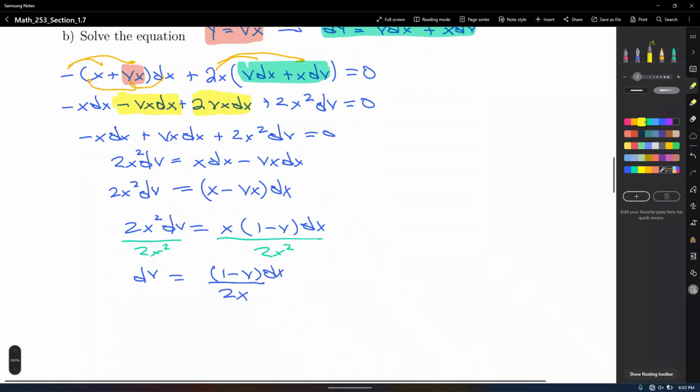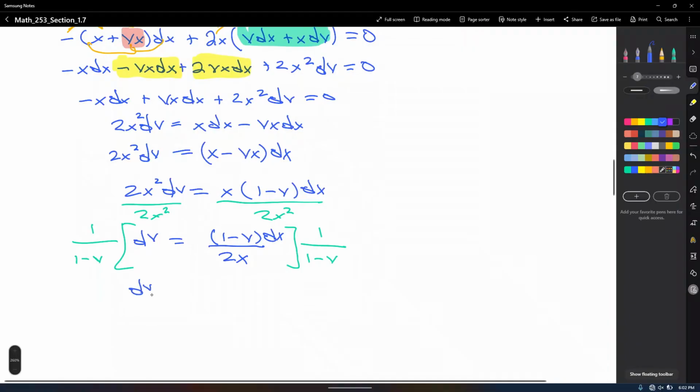And I don't want to make this quotient look weird, so I'm going to multiply both sides by 1 over 1 minus v instead, rather than dividing by 1 minus v to make it look like a fraction of fractions. I don't like that. So this will be dv divided by 1 minus v equals dx over 2x, all right?